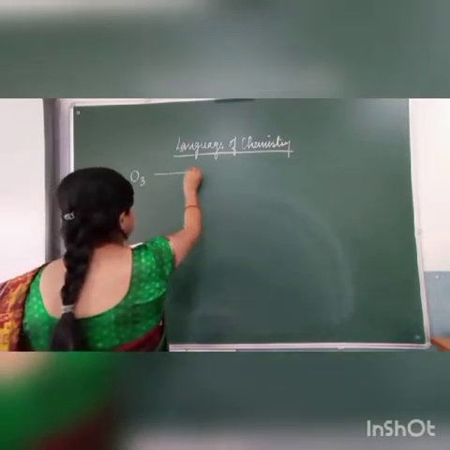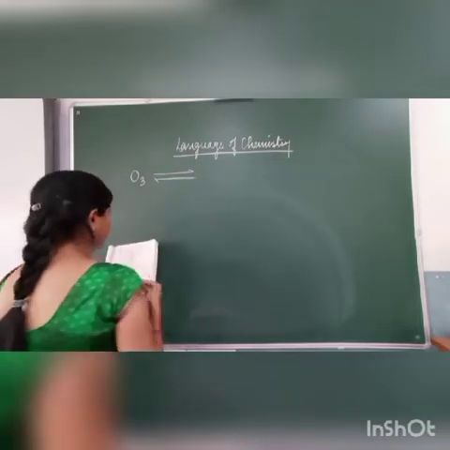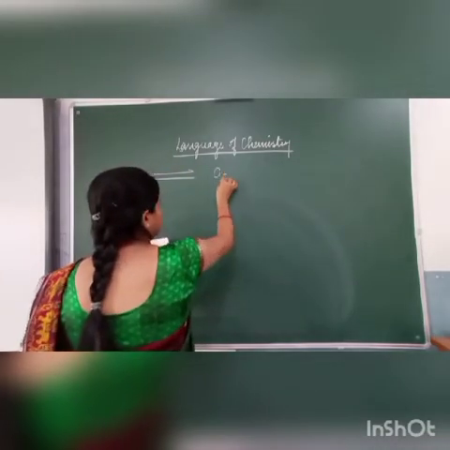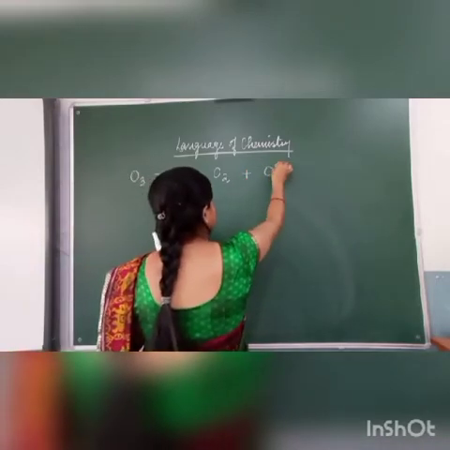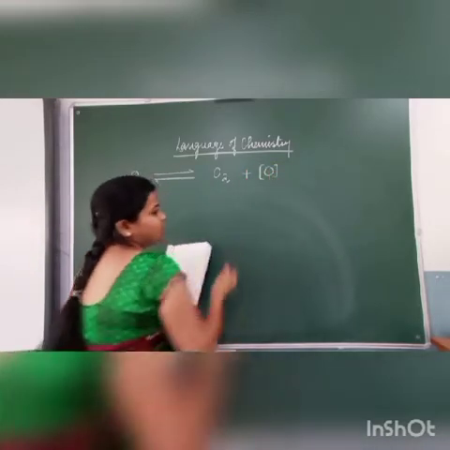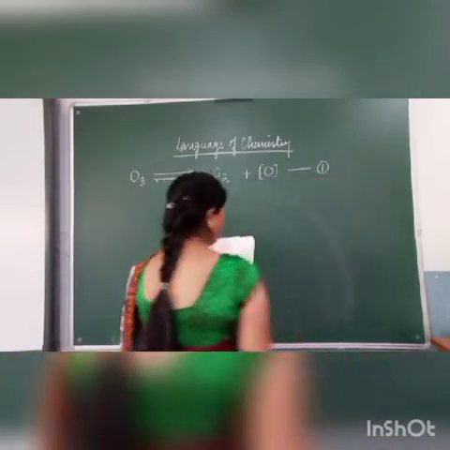When ozone decomposes, this will be a reversible reaction. It will give an oxygen molecule as well as nascent oxygen. Nascent oxygen is known as an atom of oxygen. This is equation number 1.